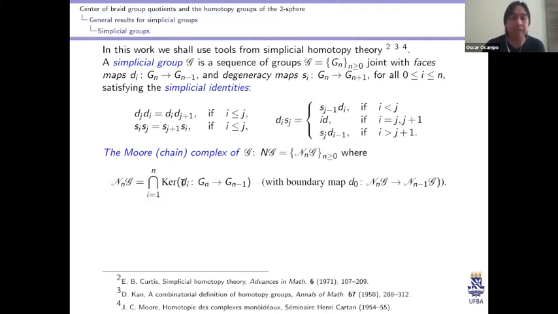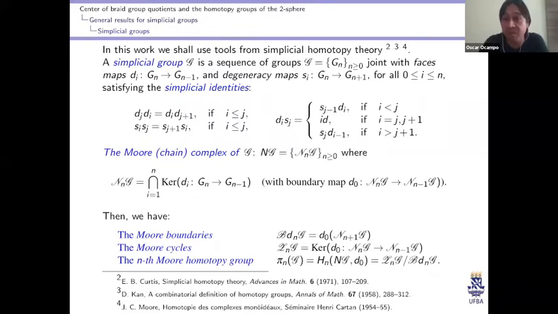The boundary map in this Moore complex becomes a chain complex. So we may define boundaries and cycles in the natural way. And the Moore homotopy group is defined as the homology of this Moore chain complex. So the nth Moore homotopy group is just cycles modulo boundaries of this chain complex of G.